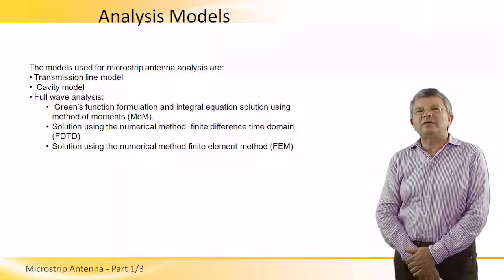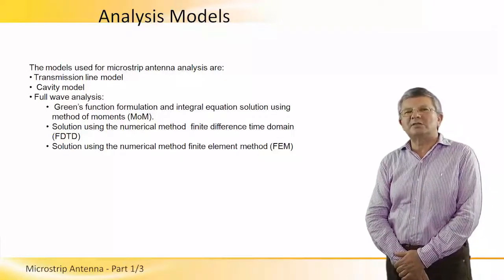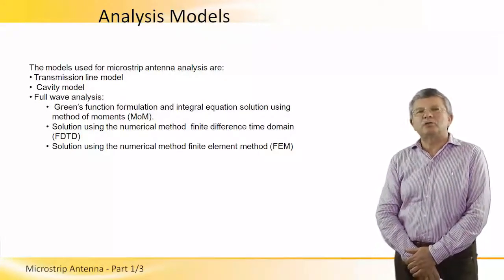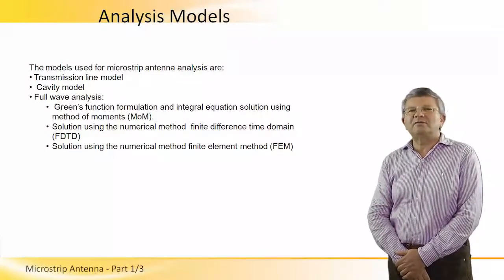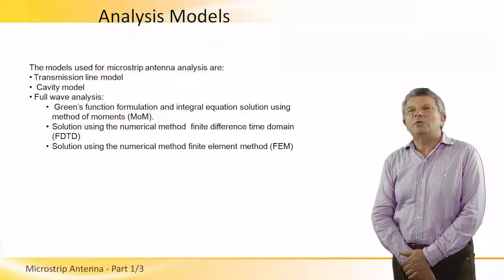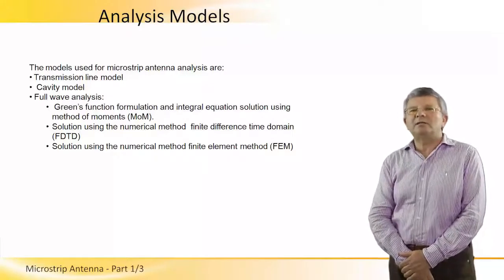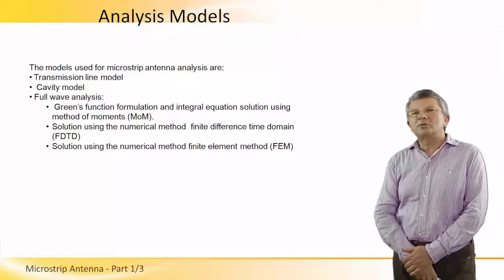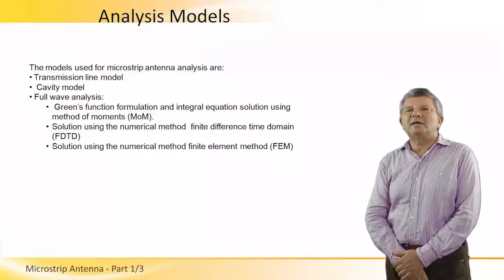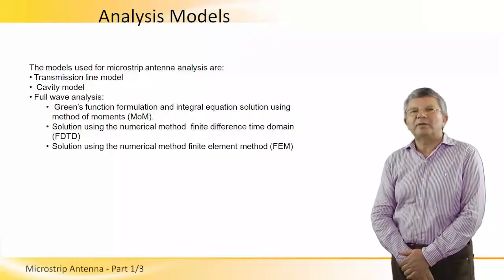And for the full wave analysis, we can distinguish three different approaches. One is based on the Green function formulation, with which we formulate an integral equation, and the solution of this integral equation is done using the method of moments.